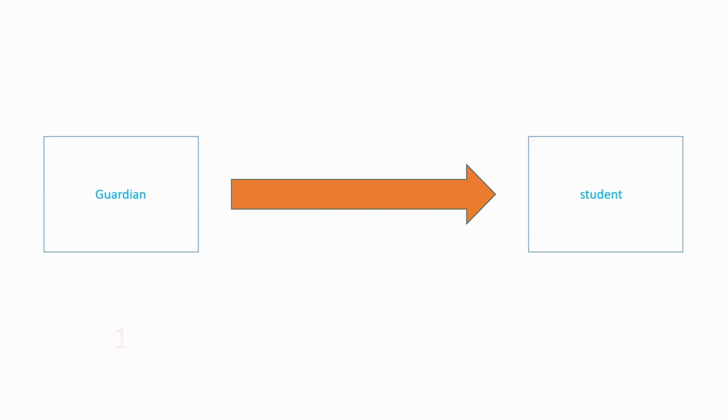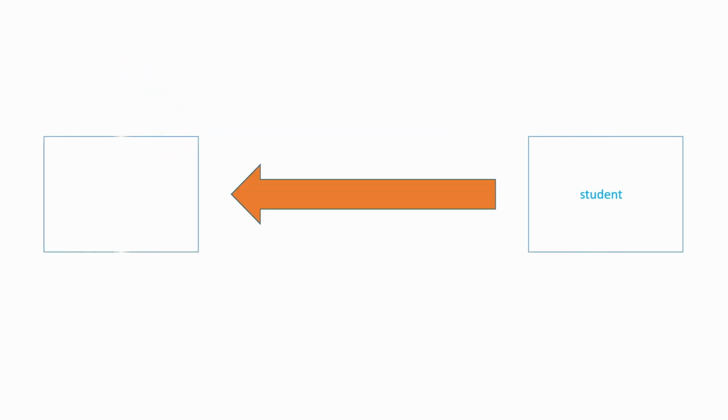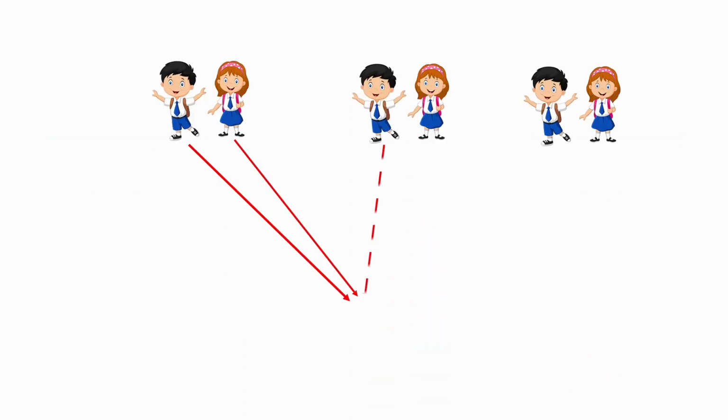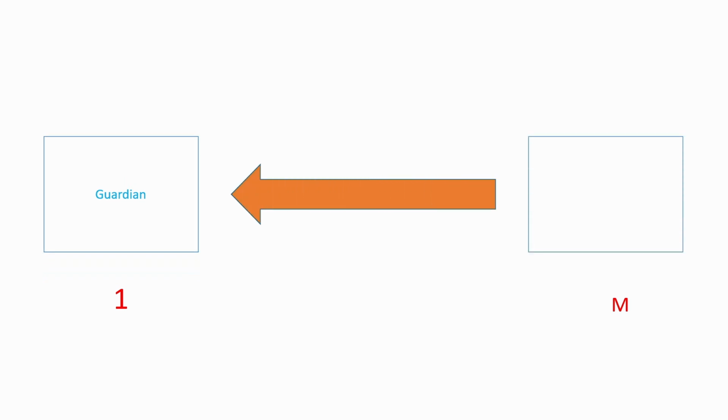Then the guardian table is the 1 and the student table is the many. Looking at the guardian table from the student table, one person can be the guardian for several students. Then the guardian table is the 1 and the student table is the many.